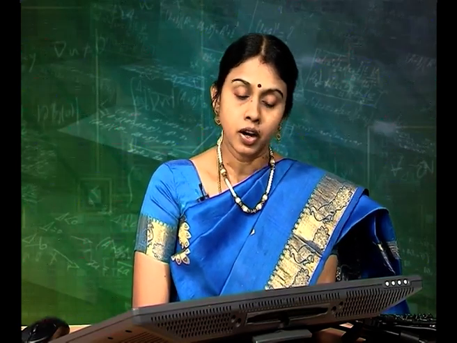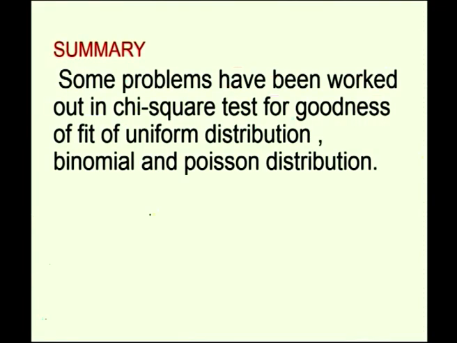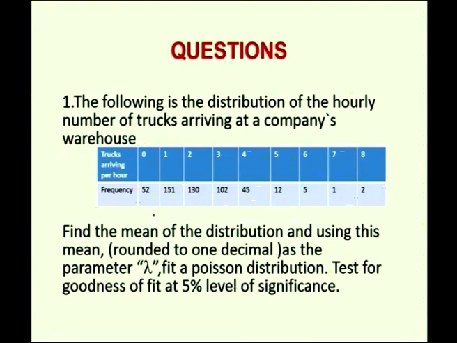And then for the binomial distribution, binomial probabilities were calculated to find EI, and then we saw whether the binomial distribution is a good fit. We have also done a problem for fitting the Poisson distribution and testing whether it is a good fit.